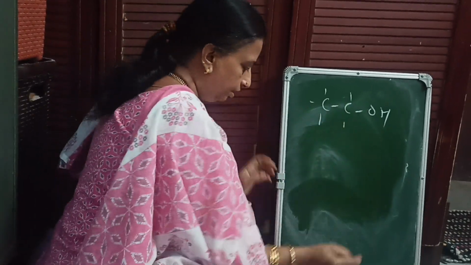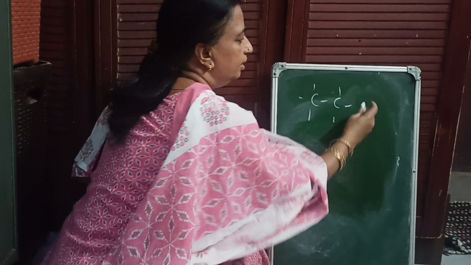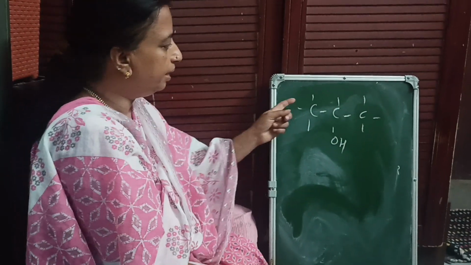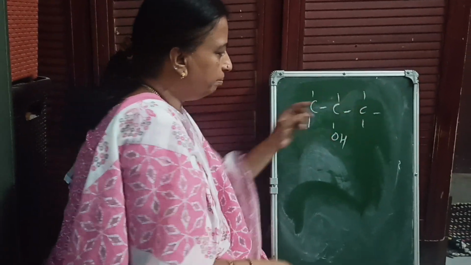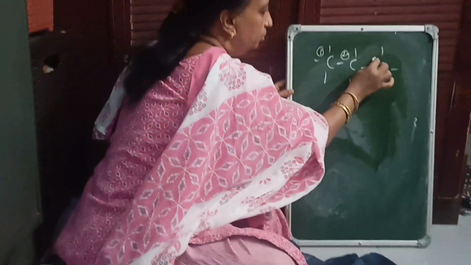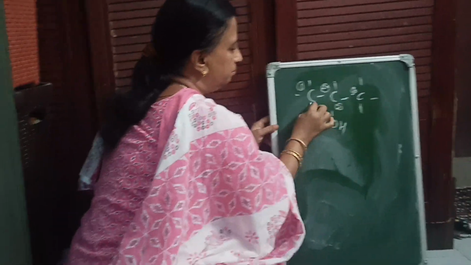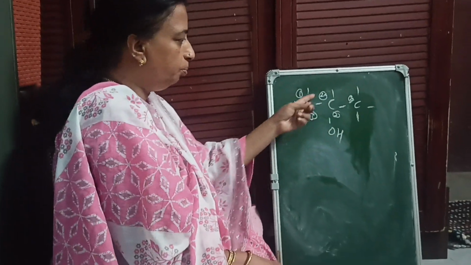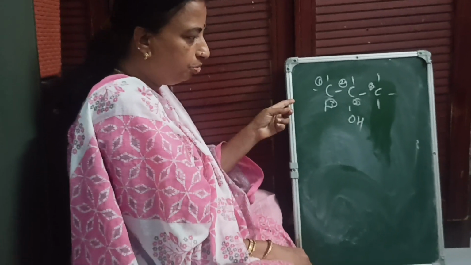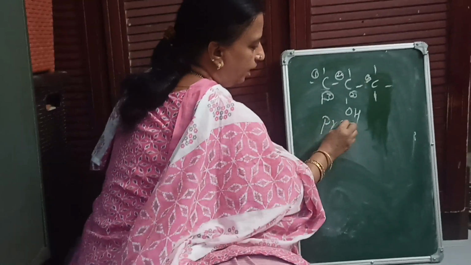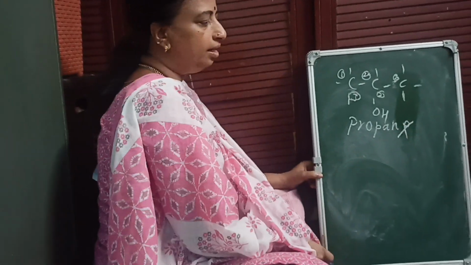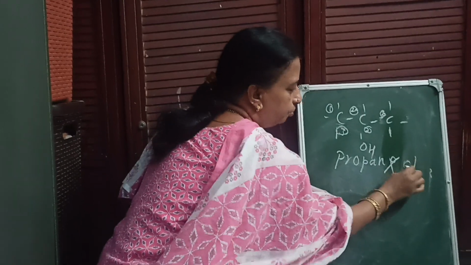Suppose here instead of this, here C, here OH is there. How will they count the number of carbon atoms? From both sides, forward counting or backward counting, both 1, 2, 3. If on either side the functional group comes at the second place, no need to worry. So prop, 2, propane. First we ask them to write propane, then cut that E and add OL.